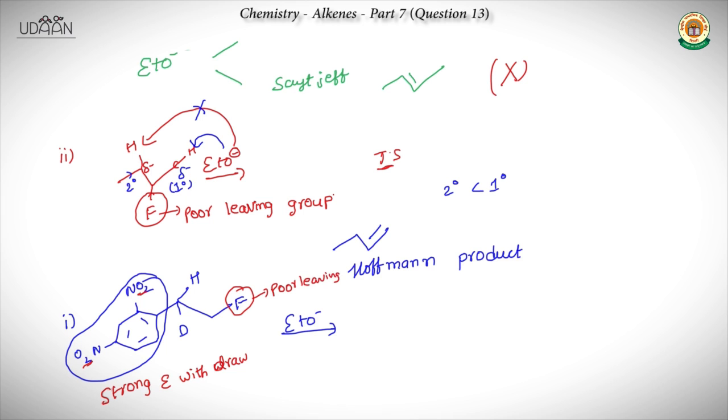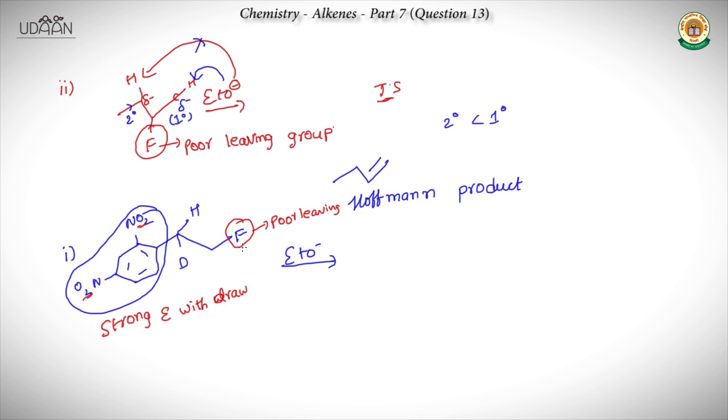Now if there is a strong electron withdrawing group and a poor leaving group, the elimination will neither proceed by E1 nor by E2. It will go through an alternative pathway called E1CB.